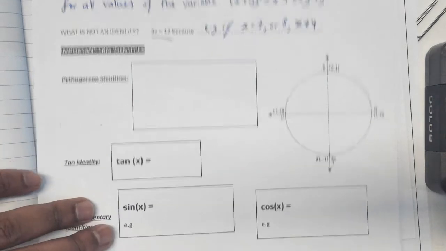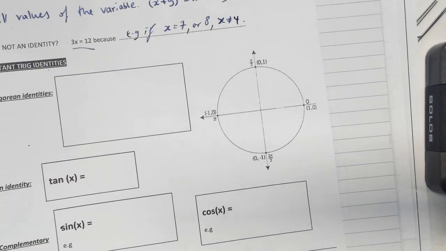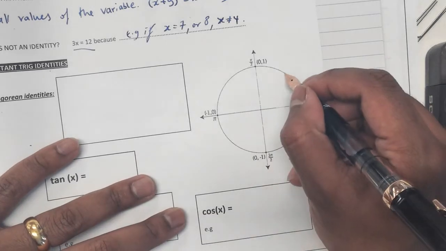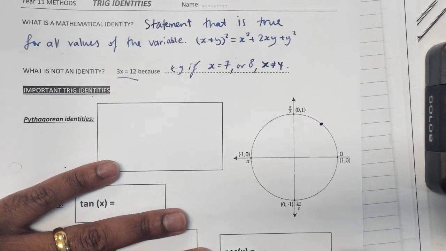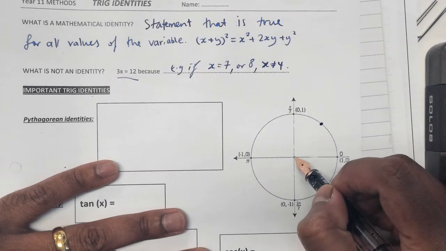Alright, so we'll start by putting a point on the unit circle, just like that, and we'll draw it up.